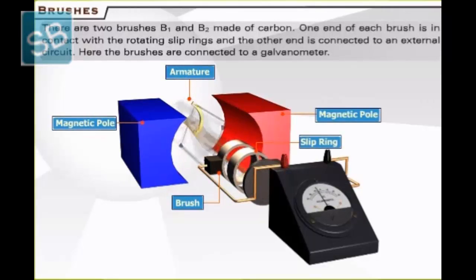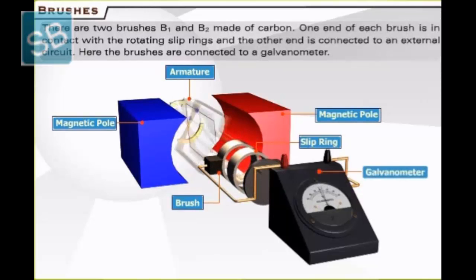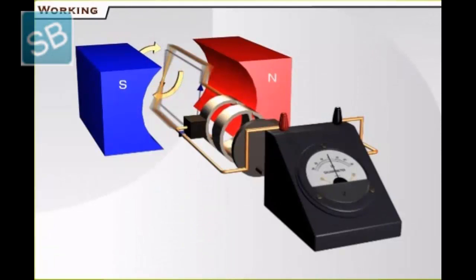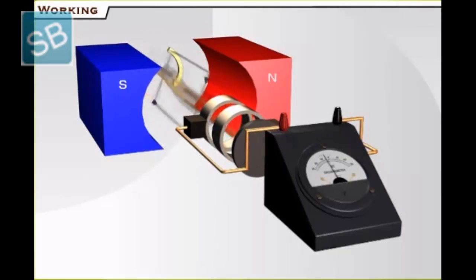One end of each brush is in contact with the rotating slip rings and the other end is connected with the external circuit. Here, if you see, the brush is connected to the galvanometer, and by rotating the armature, the galvanometer shows us the deflection. So, what is the actual working?